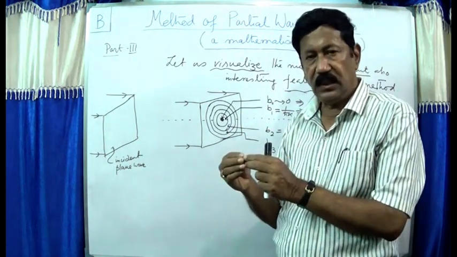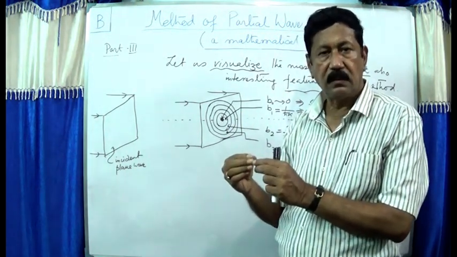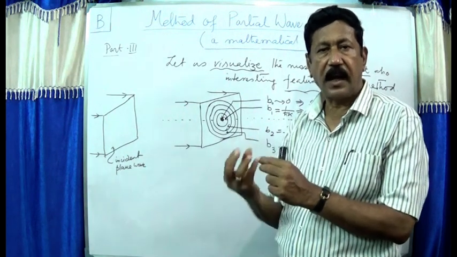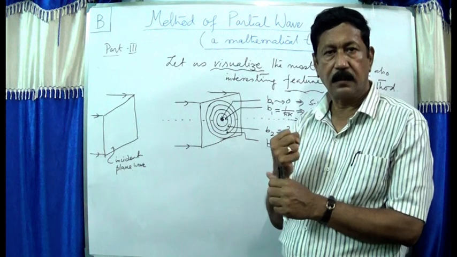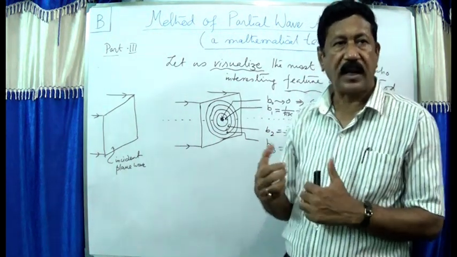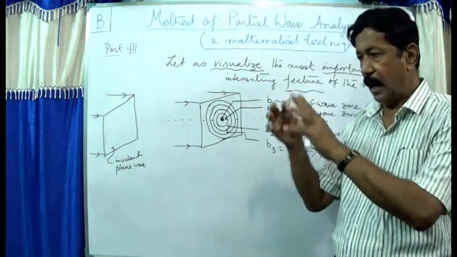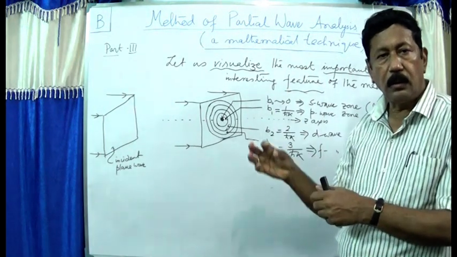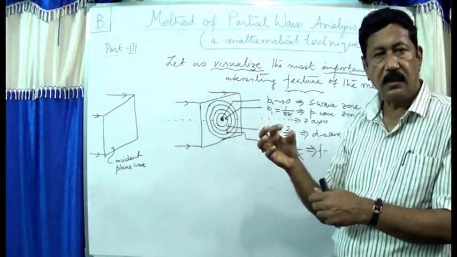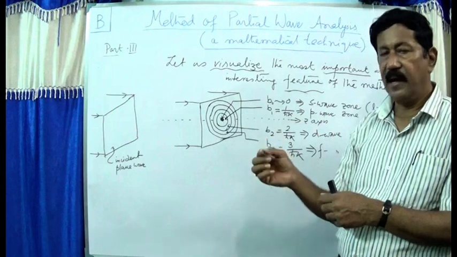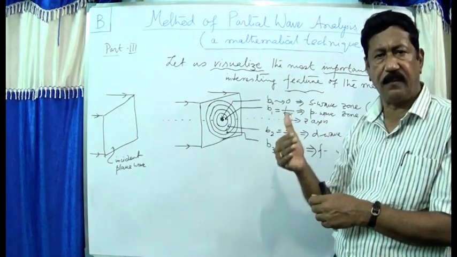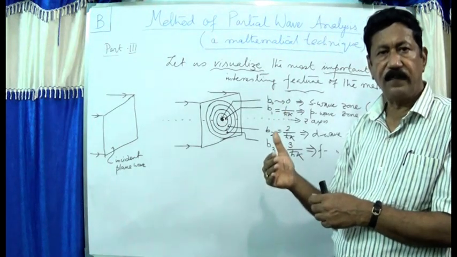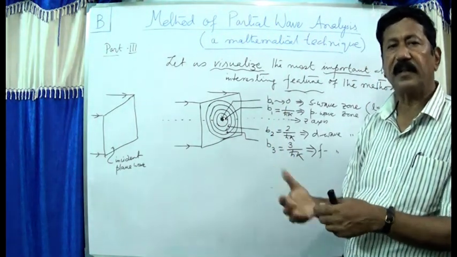If the potential is replaced by one of higher strength, what will we expect? We can expect that a larger portion of the effective incident plane wavefront will now get affected.